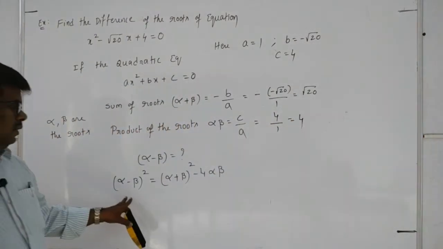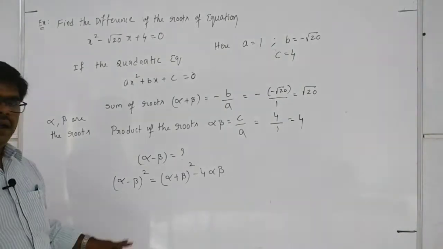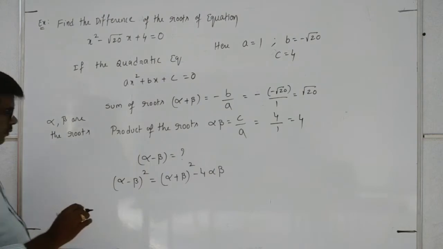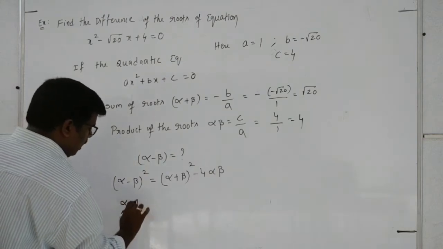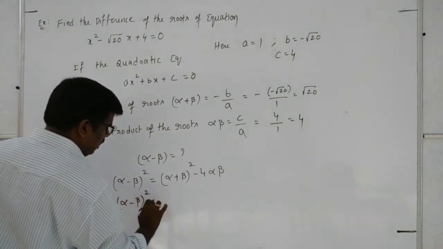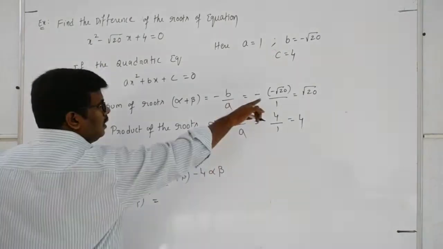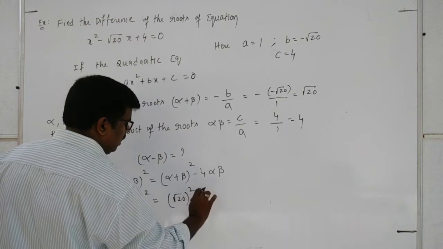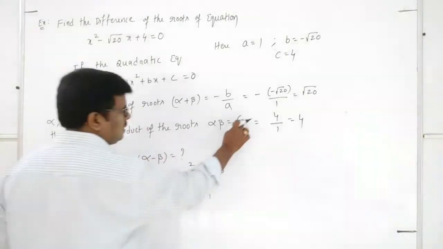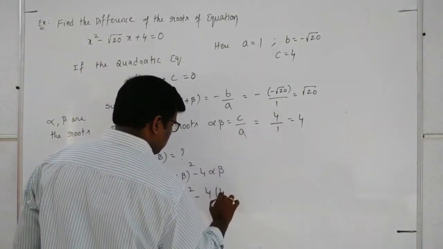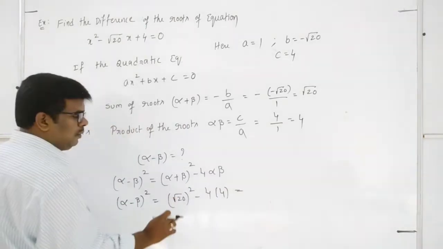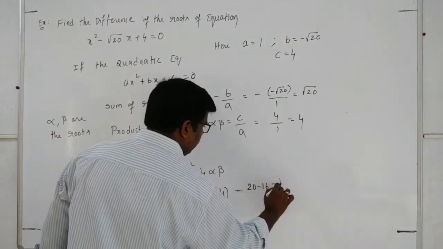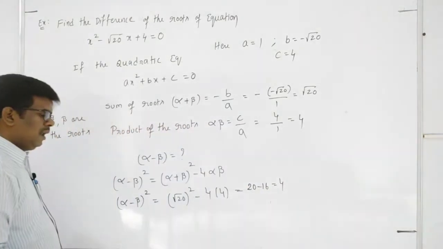Then if you substitute in this expression, you can get alpha minus beta, which is what they are going to ask here. So (alpha minus beta) whole square equals (alpha plus beta), the sum of the roots, root 20, whole square, minus 4 into the product of the roots, c by a, that is 4. So root 20 square means 20 minus 16, and 20 minus 16 is 4.